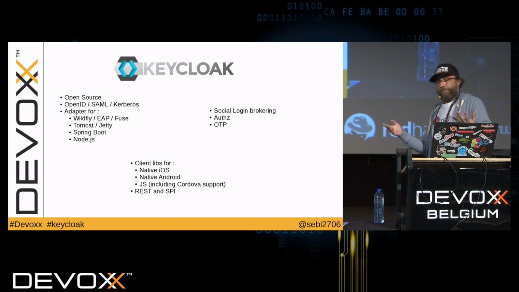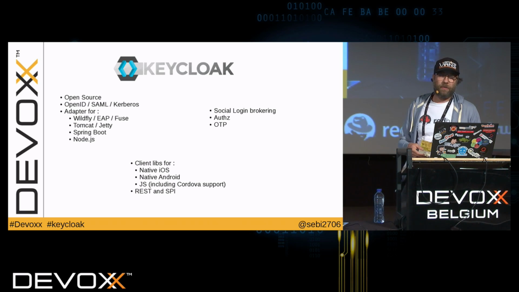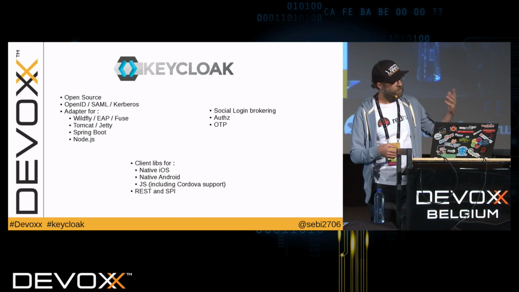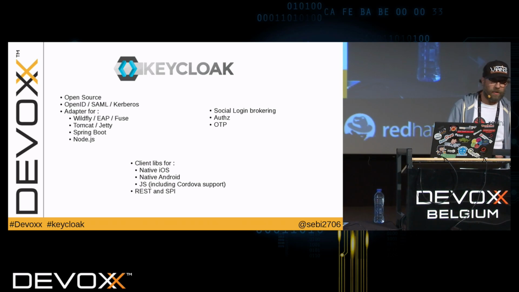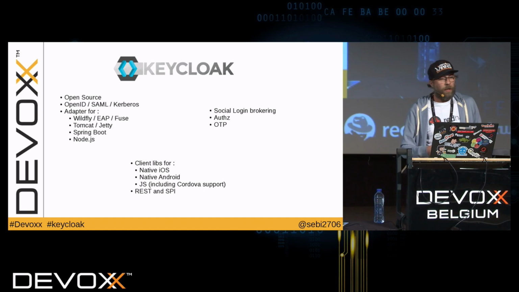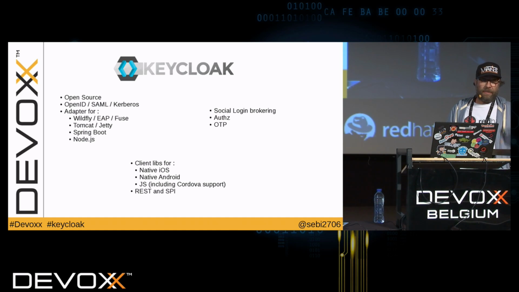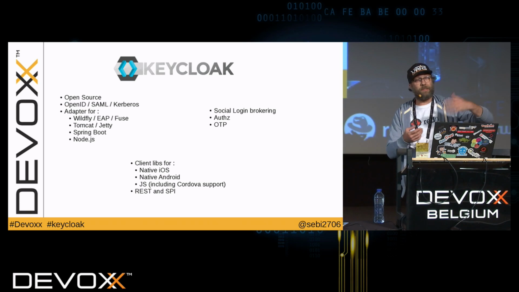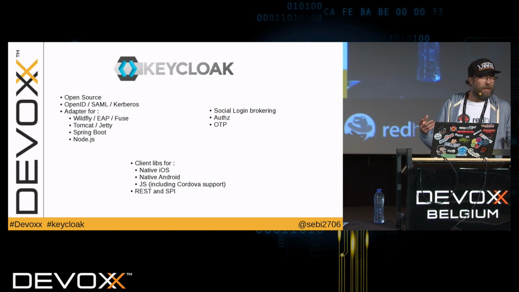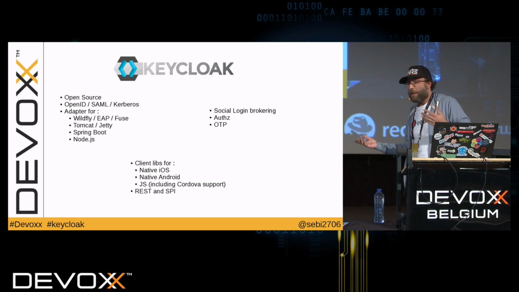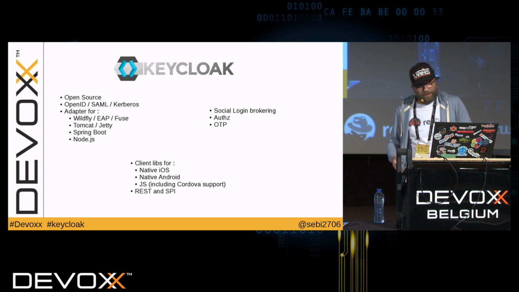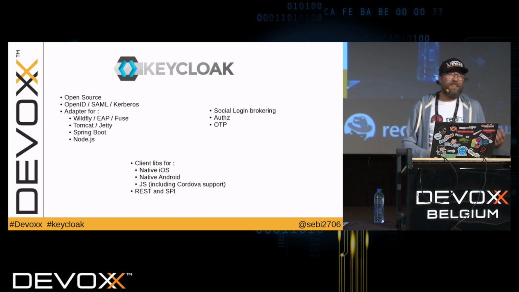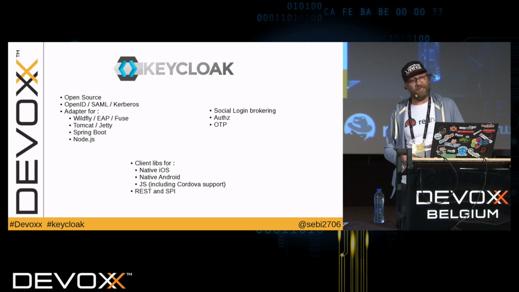So KeyCloak, for authentication, it handles OpenID, of course. That's the cool kid on the block. SAML, the old kid on the block. Kerberos was even older. And that's a server. Then your applications, they need adapters to talk with this authentication server. So we have adapters for almost every type of application. So for Wildfly, Tomcat, Spring Boot, Node.js.